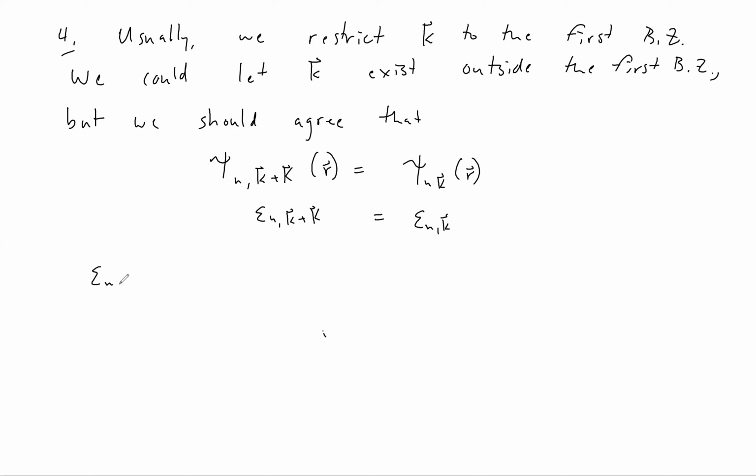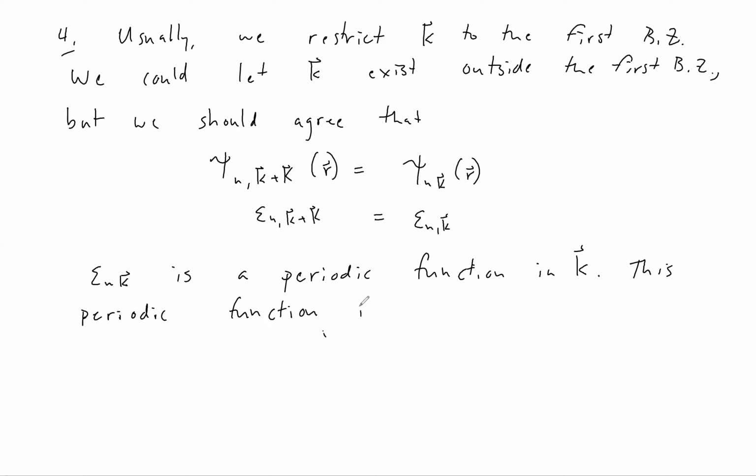E of n and k is a periodic function in little k. And this periodic function is called a band. So again, the logic is the following.